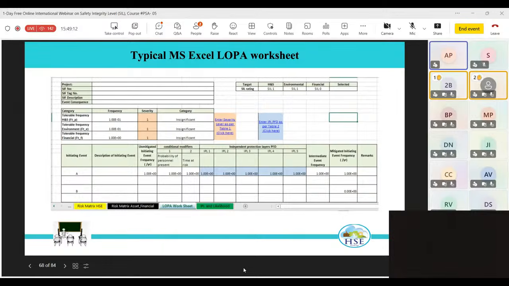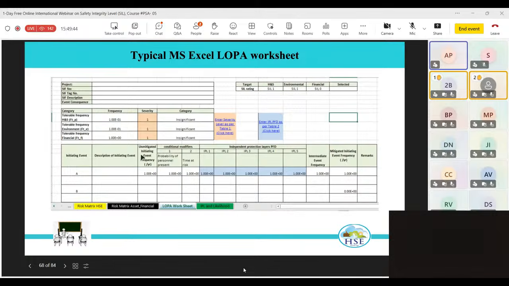Now, the most important parameter before doing LOPA is that you must know your tolerable frequency. Your corporate guideline should specifically say that your tolerable risk is so and so. They will give you a number, and we'll explain that also. Once you know that number, you put it in this worksheet.